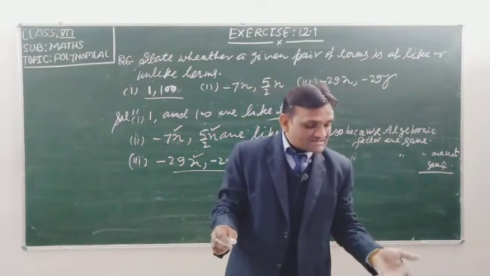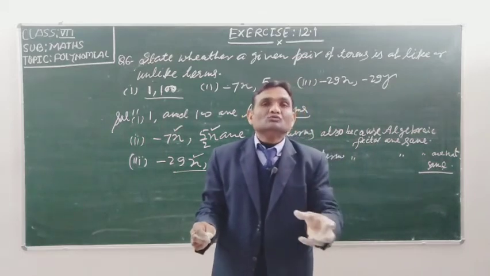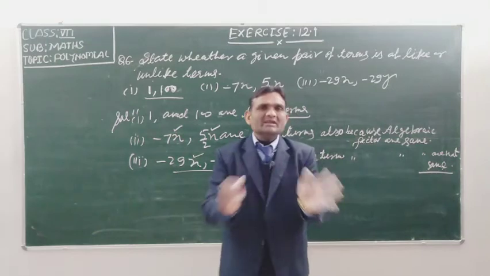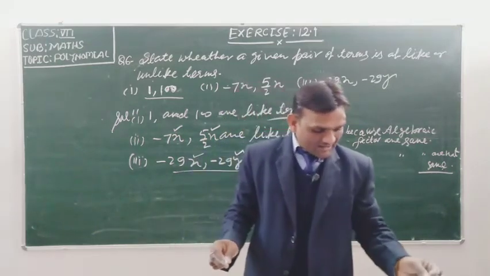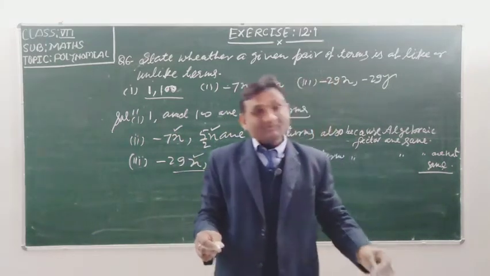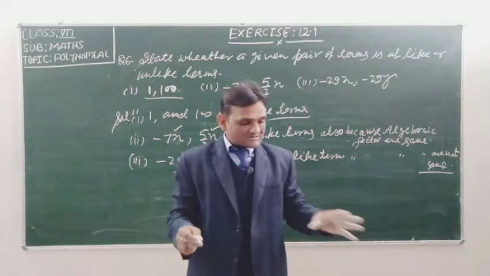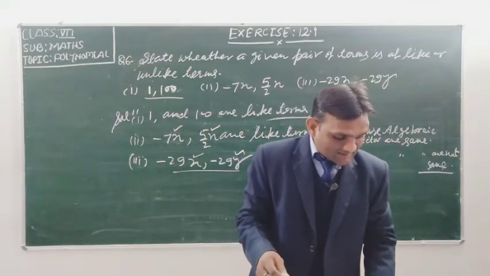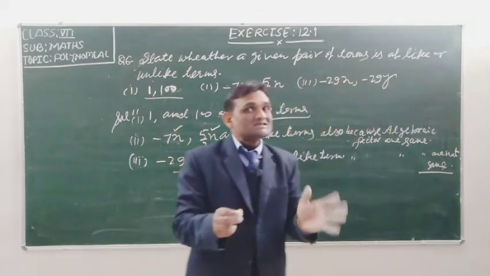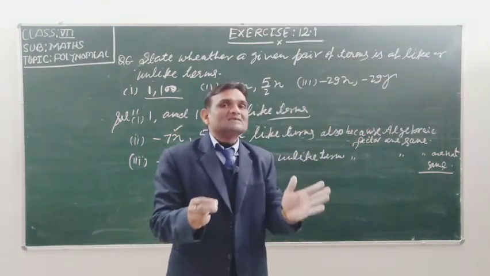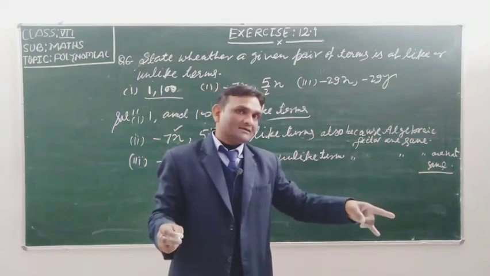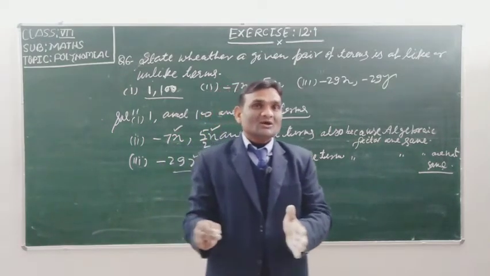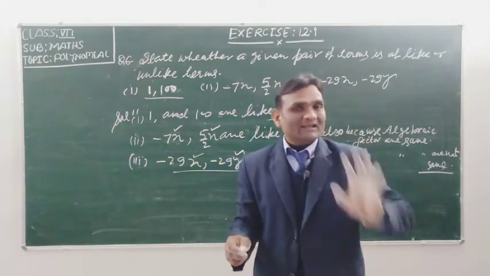In question number 6, some limited 1, 2 or 3 terms are given, but in this question perhaps 8 or 10 terms are given. So firstly you will search for the terms which have the same algebraic factor, that is like, and the terms which are left will be unlike.